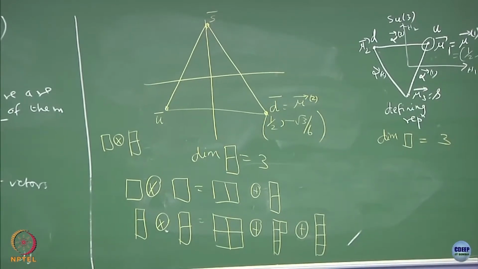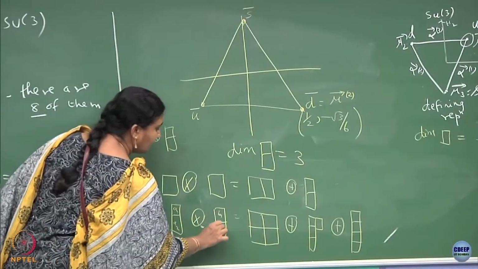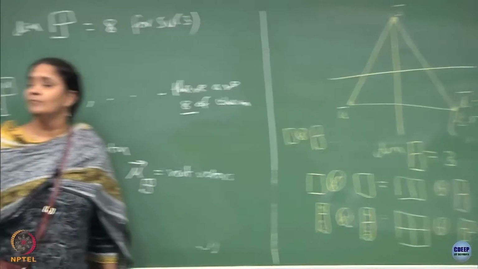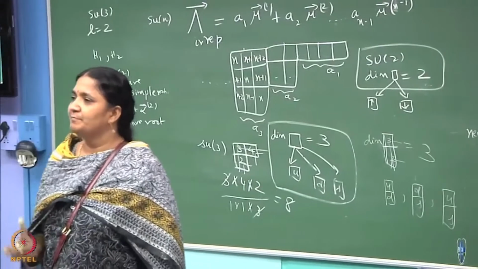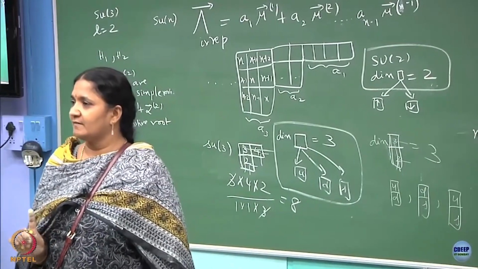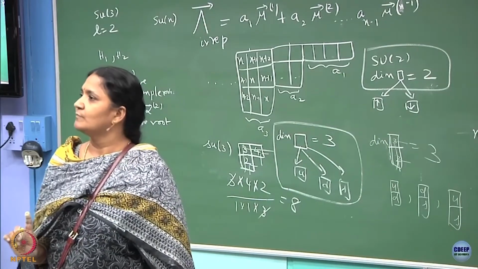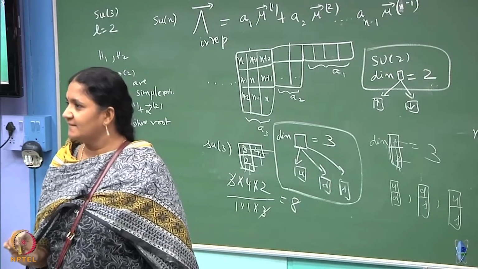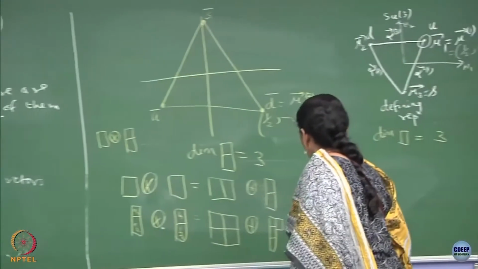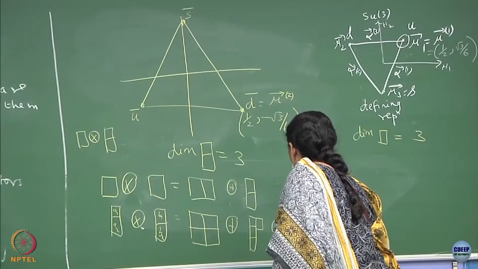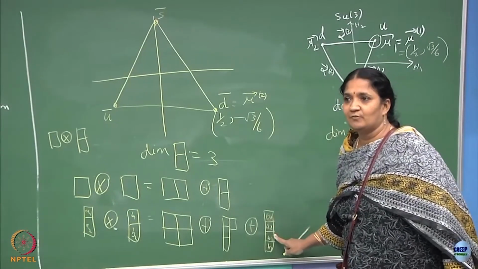Diagram should be such that if I put A1, A2, B1, B2, A1 and A2 have to be antisymmetric, B1 and B2 have to be antisymmetric. There is no relation between A1, A2 and B1, B2. So when you combine diagrams, you can put the entries in such a way that here you see A1, A2, B1, B2, B1 and B2 are antisymmetric to A1, A2.